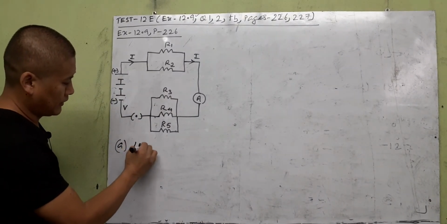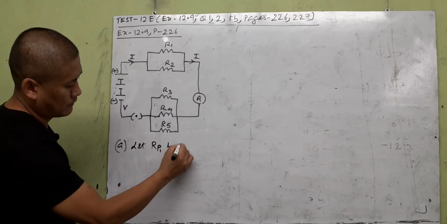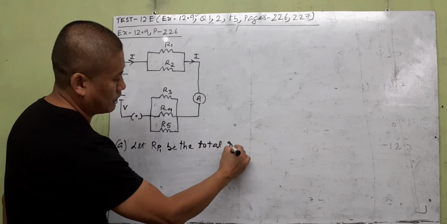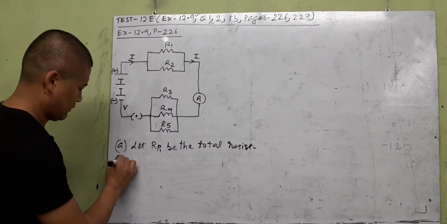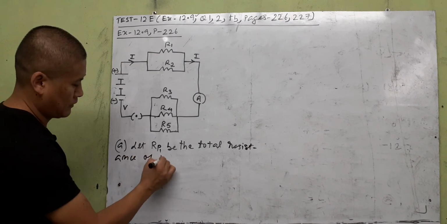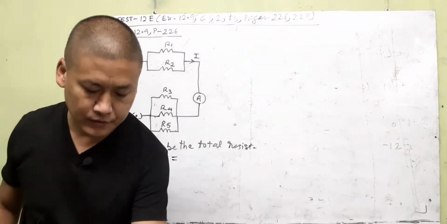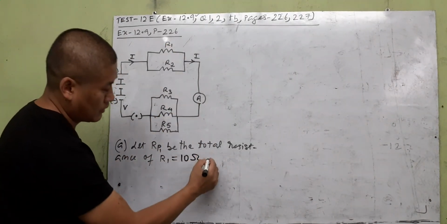So let us write here, since they're in parallel, let Rp1 be the total resistance. R1 is given in the question there, R1 equal to 10 ohms.